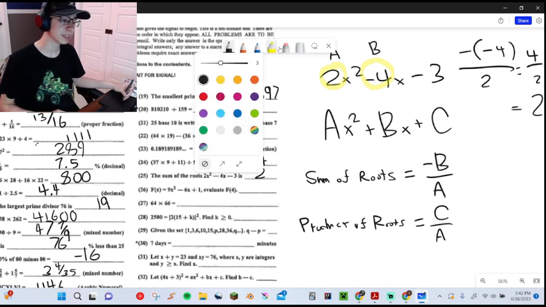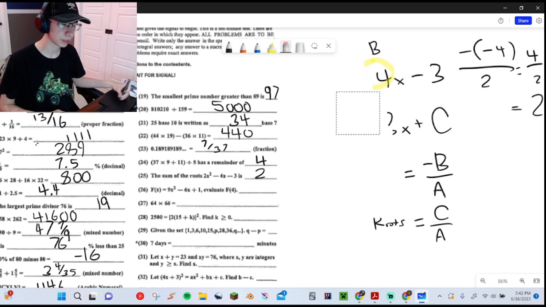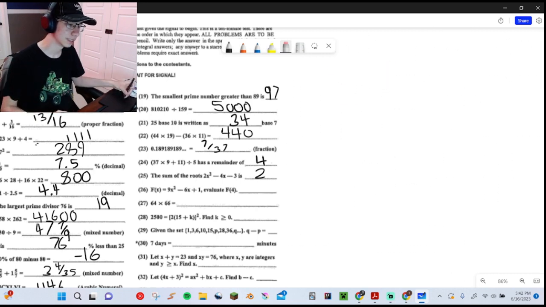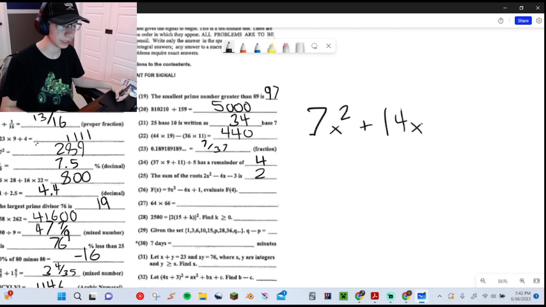What if I wanted the sum of the roots? Here, let me quiz you guys. Let's say I want the sum of the roots of 7x squared plus 14x minus 21. What would the sum of the roots be? Negative b over a, right?